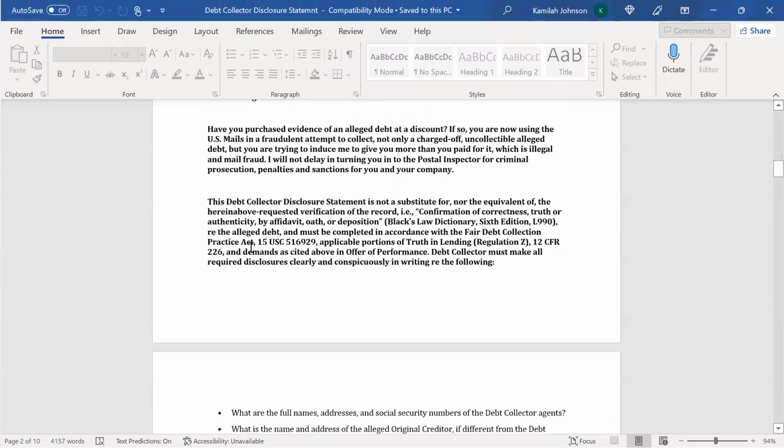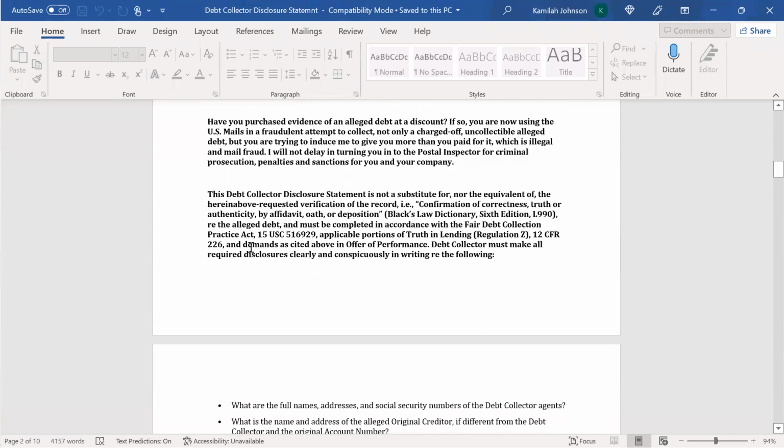All right. This debt collector statement is not a substitute for nor the equivalent of the herein above requested verification of the records, confirmation or correctness, truth, or authenticity by affidavit, oath, or disposition. Black's Law Dictionary, 6th edition, page 1990.